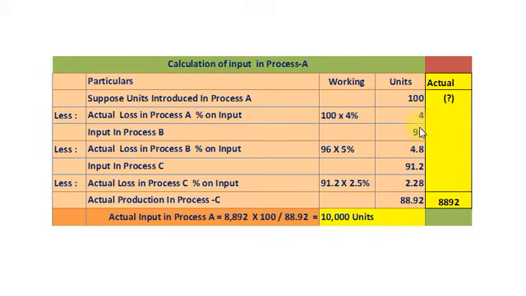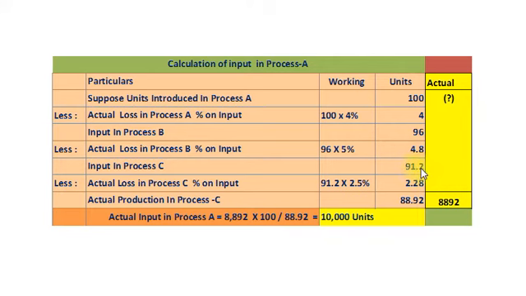So output of process A 96 units, which becomes input in process B, less actual loss in process B as a percentage, it is 5% of input. So 5% of 96 units becomes 4.8 units. So output of process B 91.2 units.